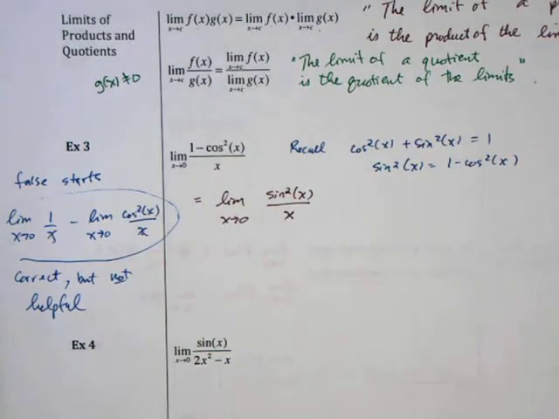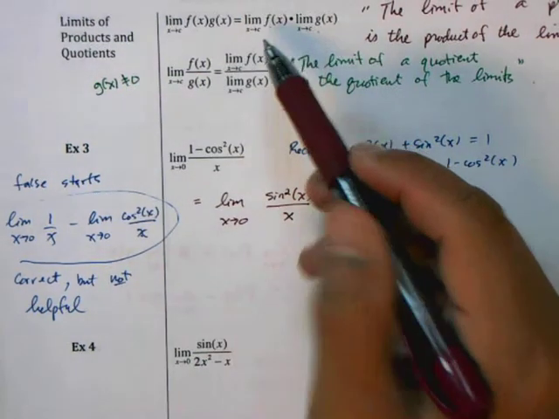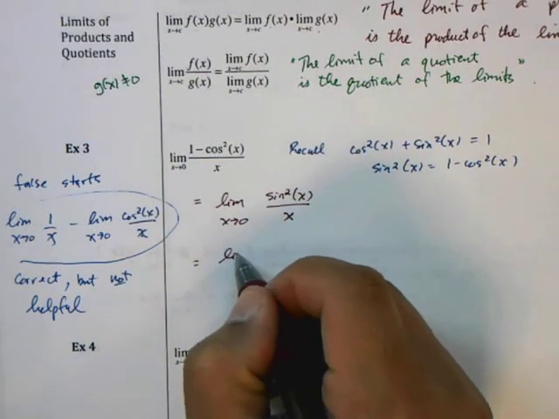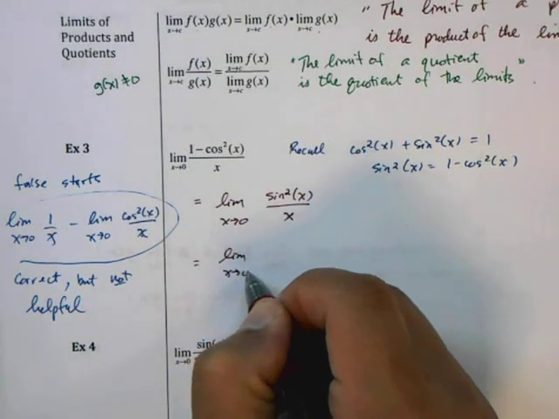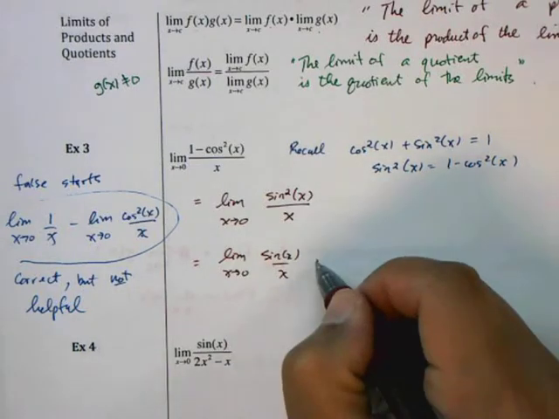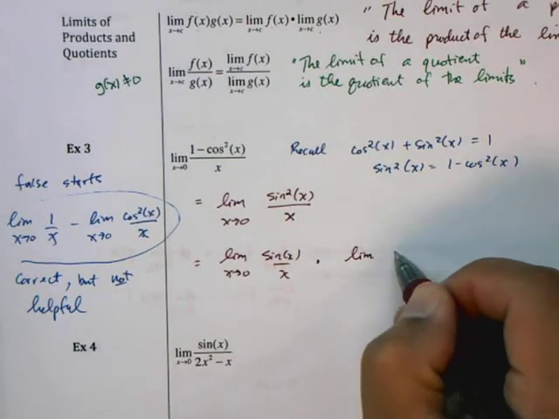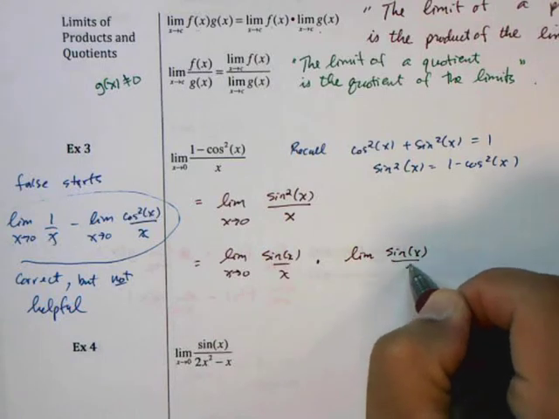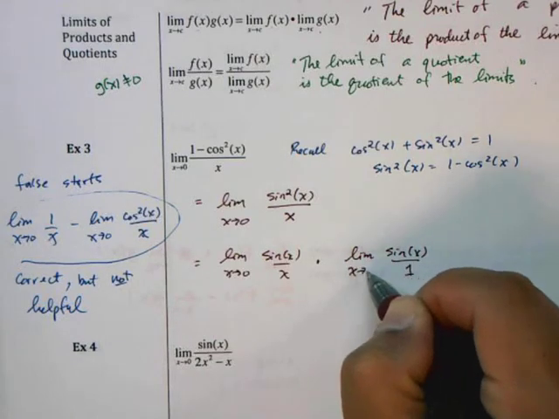Now, this still isn't that straightforward, but now we can apply the product rule here. We can say the limit as x approaches 0 of sine of x over x times the limit as x approaches 0 of sine of x over 1.